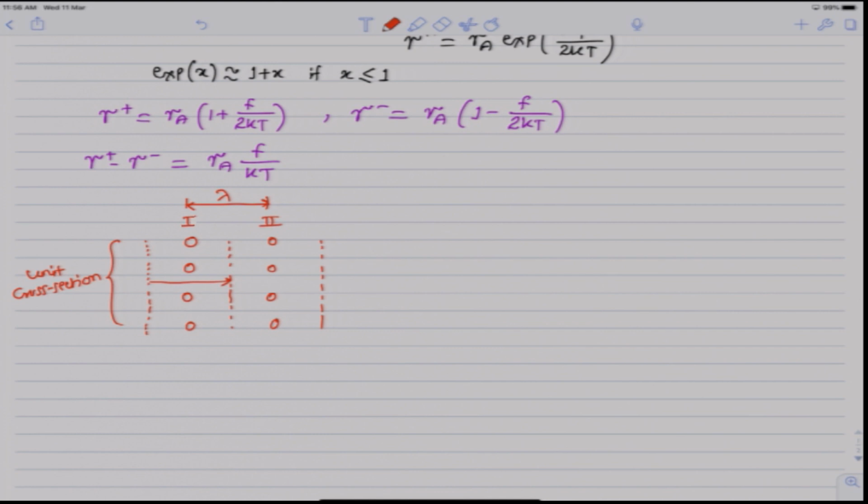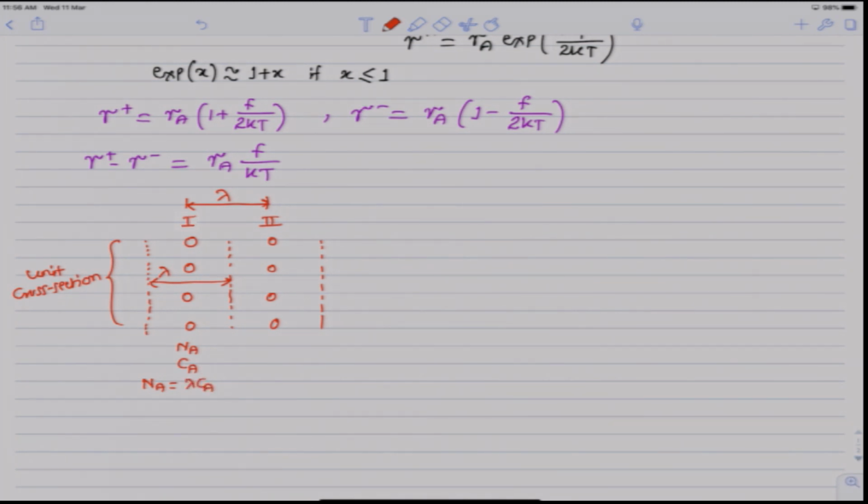Let us say the number of atoms of A on plane 1 are Na, and the concentration of the volume element around plane 1 is Ca, and so we know Na is equal to volume lambda times Ca.